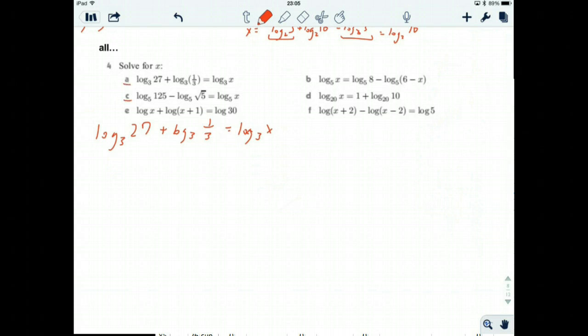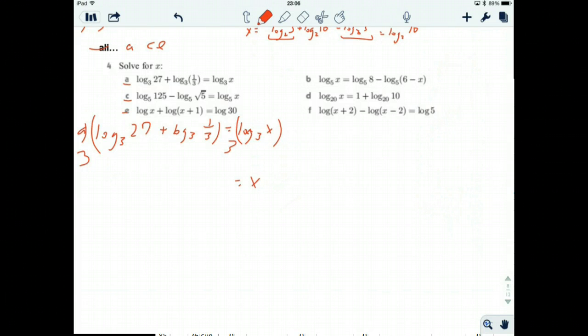We'll just do A, C, and E of these. Let's see. We're going to take both of these to the power of 3. So we'll do 3 to the power of this equals 3 to the power of that.